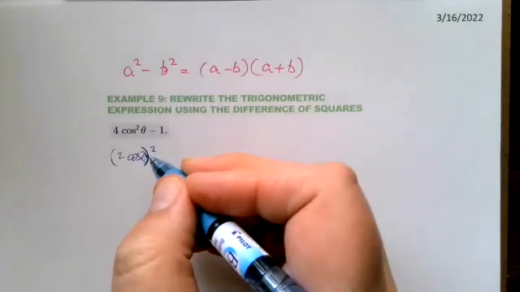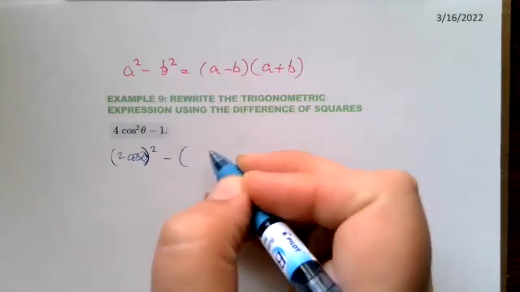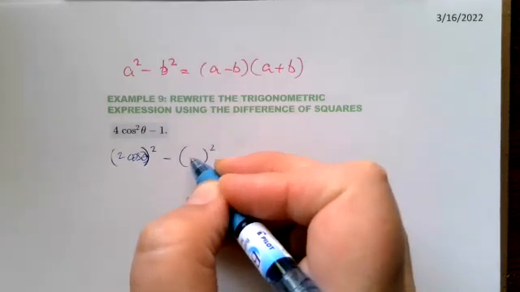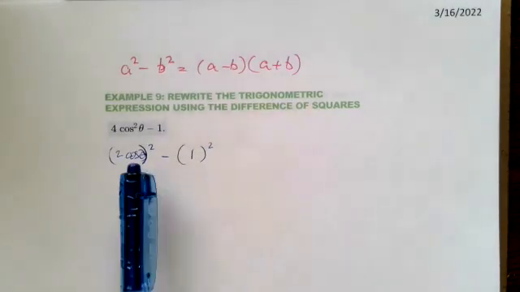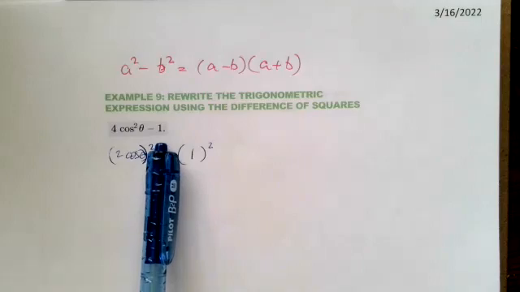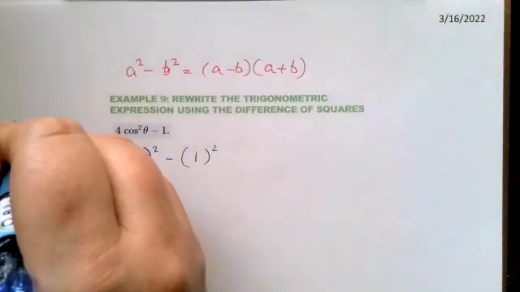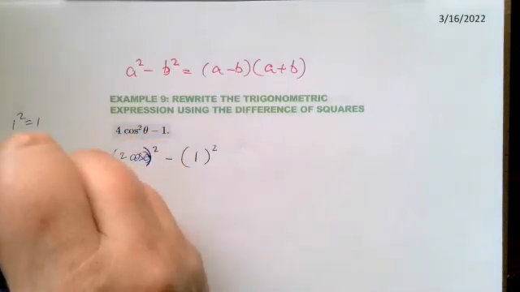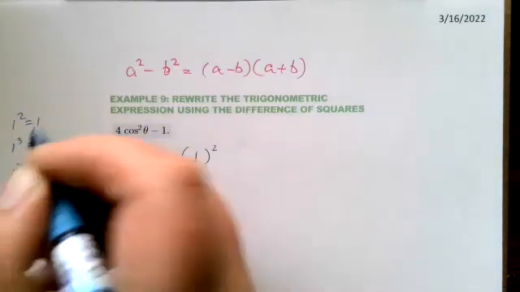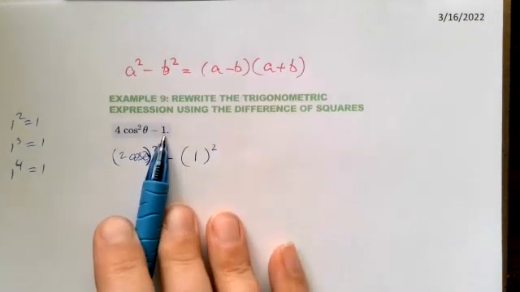That's 2 cosine theta squared. But as for 1, well, 1 is also 1 squared, right? Don't forget that 1 is a perfect square. It is also a perfect cube or perfect fourth power. Why? Because 1 squared is 1, 1 cubed is 1, 1 to the fourth is 1. So 1 could be any power. So it is a square.